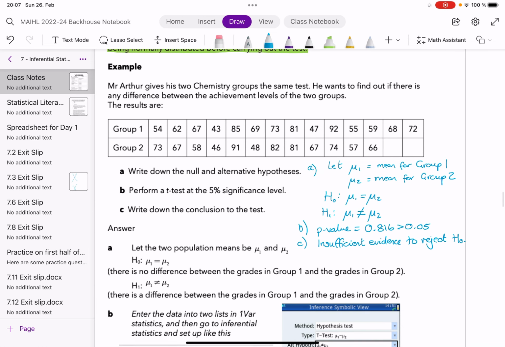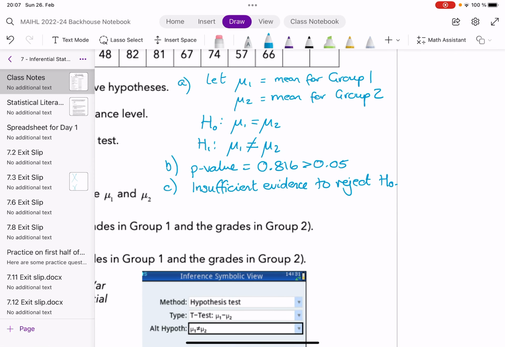So Mr. Arthur's two chemistry classes do not seem to have a difference in achievement levels. So we can say something to that effect. The two groups do not have different achievement levels.